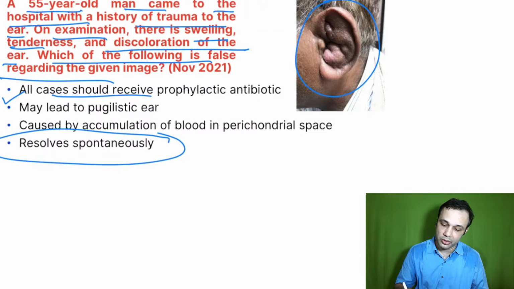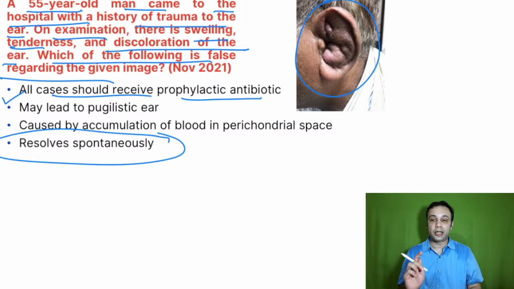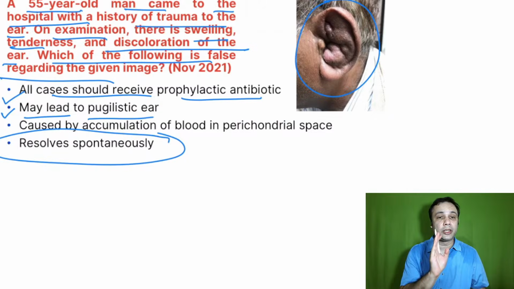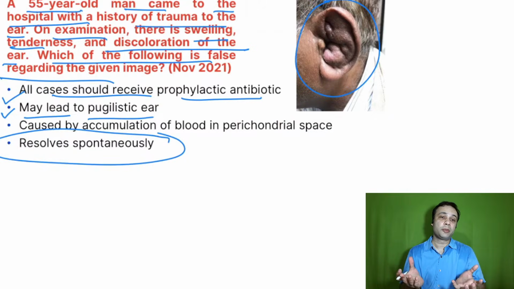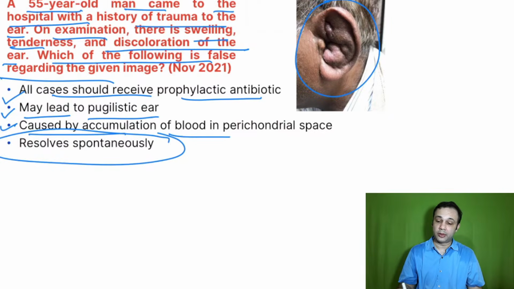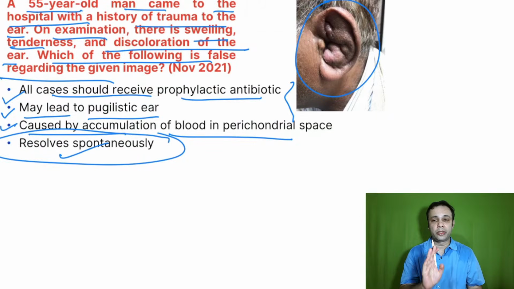So all cases should be given prophylactic antibiotics, right? Because there is a chance of developing perichondritis. It may lead to a pugilistic ear. Why? When there is no blood supply to the cartilage, it's going to crumple down and eventually resorb, so it can give rise to a pugilistic ear. The third answer is straightforward. They have spoken about the pathogenesis itself, caused by accumulation of blood in the perichondrial space. So these three options are correct. Resolve spontaneously is wrong.